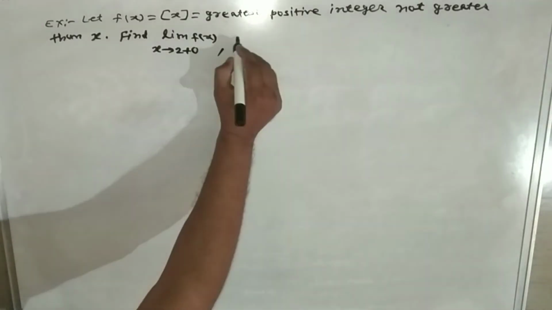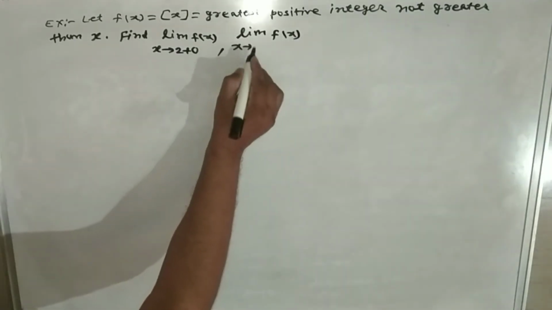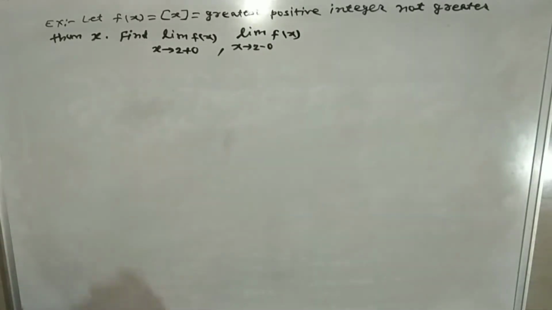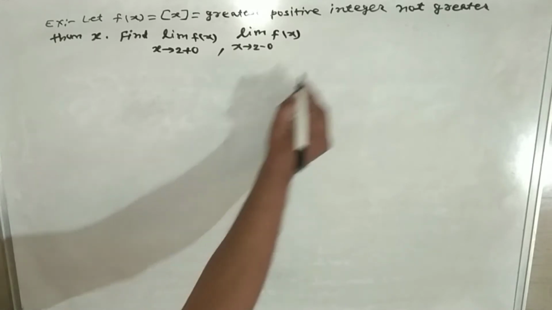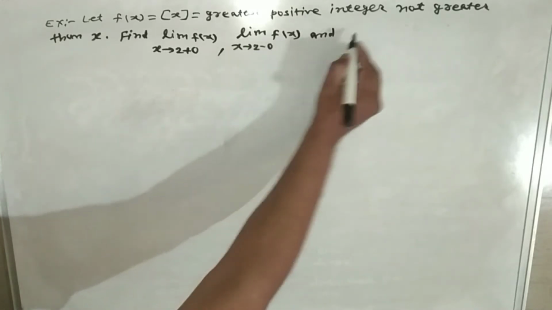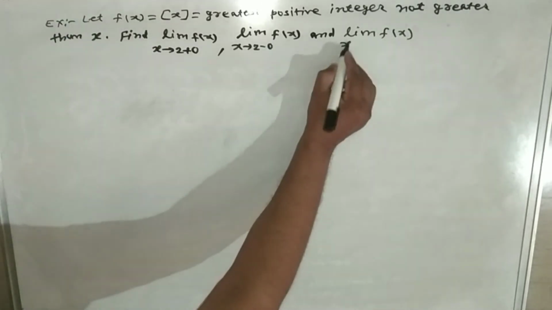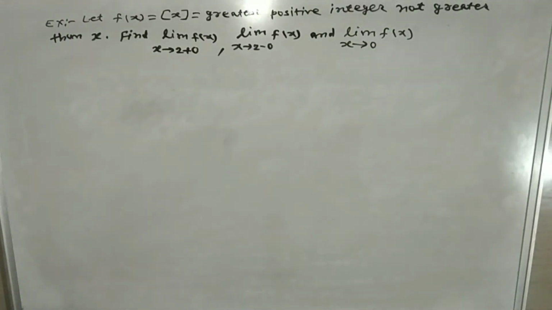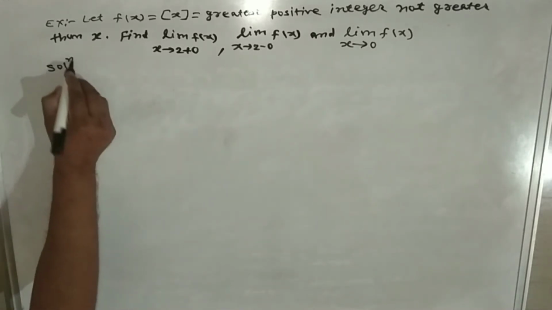Then the left hand limit of f of x as x tends to 2 minus 0. And the limit of function f of x as x tends to 0. We want to find this. Now we'll see the solution of this example.